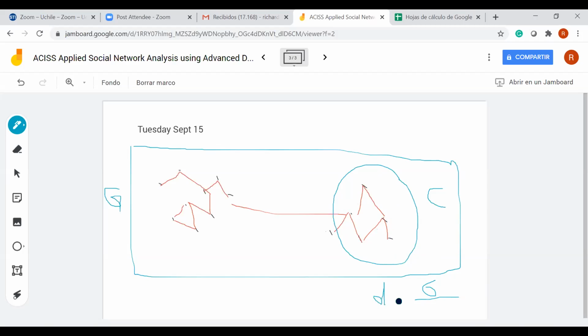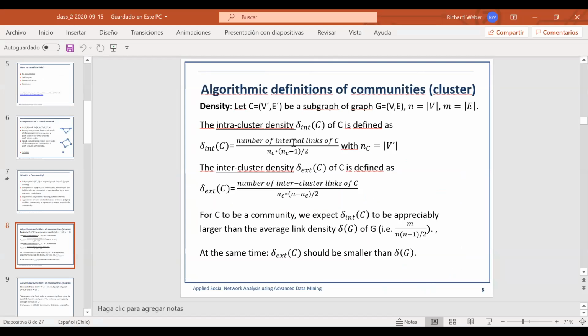Okay, density is equal to 6 because we are counting 1, 2, 3, 4, 5, 6 links inside the community. And let me go back quickly to the presentation. So we have the number of internal links of the community C. It was 6 in our case.